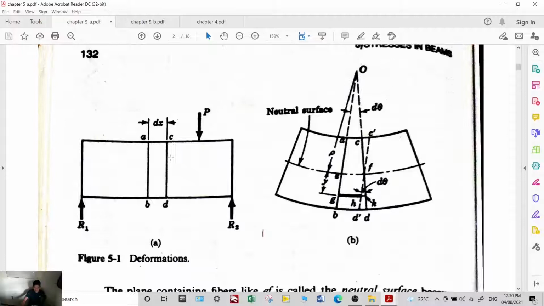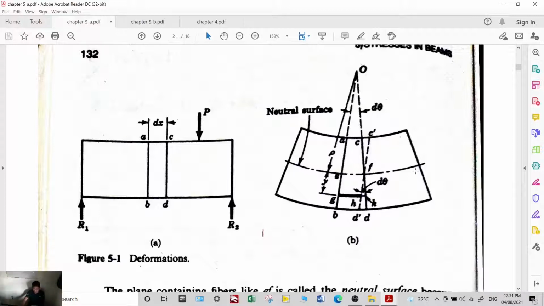Then what happens to AB and CD is that they seem to slant. The length AC becomes smaller, and the length BD becomes longer. So what you will observe is that AC is undergoing compression because the length became smaller, and BD is in tension because the length became longer.